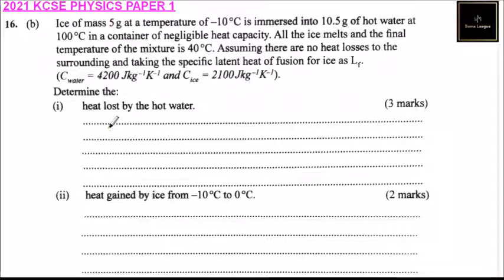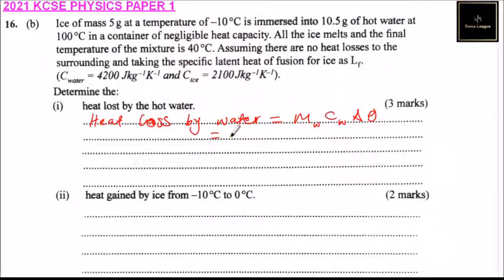So heat loss by water, we say it is the mass of water multiplied by the specific heat capacity of water, multiplied by change in temperature. So this is equals to the mass, which was 10.5 grams.